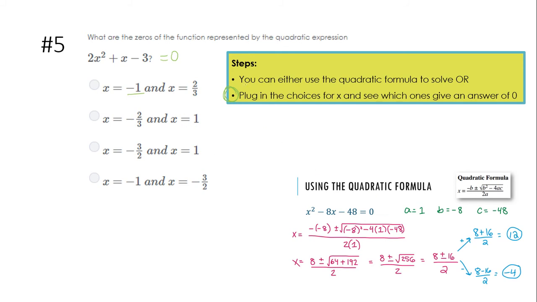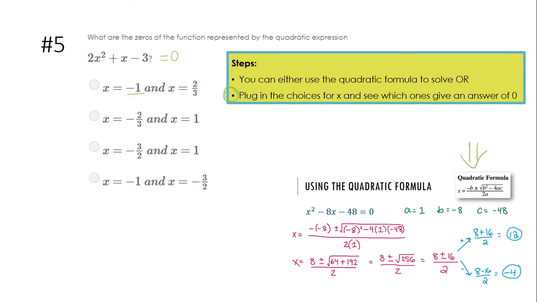Now, those of you who would rather just go ahead and try the quadratic formula to solve, here is our quadratic formula down here. That's our formula: -b plus or minus the square root of b squared minus 4ac all over 2a. You would plug in your pieces to find your answer. This is just an example of the quadratic formula.